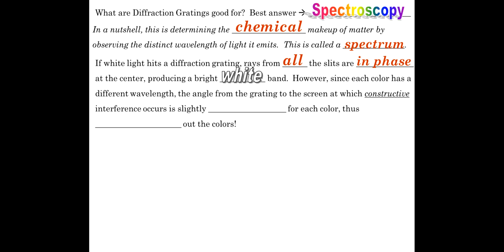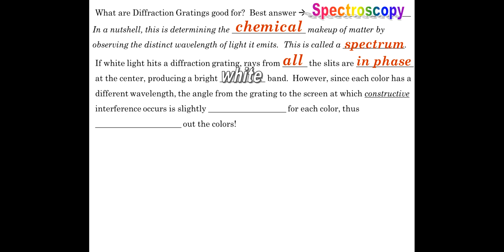But now each color corresponds to a different wavelength. And based on the wavelength, the angle from the diffraction grating to the screen where we have constructive interference is wavelength specific. The place where it constructively interferes is going to be based on the wavelength, in addition to the other things we just learned.